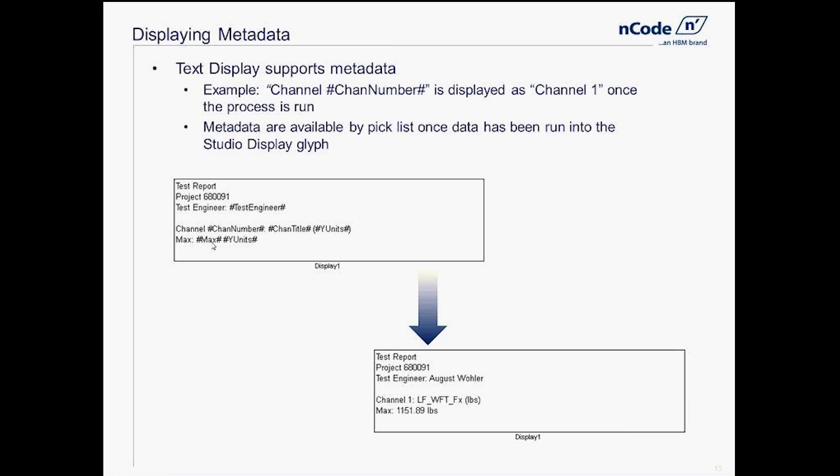So this prevents us from having to manually type in this kind of information. It could be very tedious if you had to create lots of reports, or perhaps reports with lots of pages. So a nice, intelligent way to really control what is going to be displayed in your metadata and make it very data-centric.